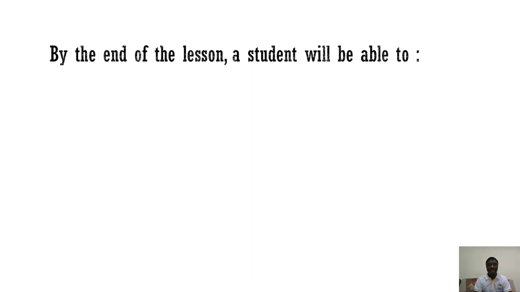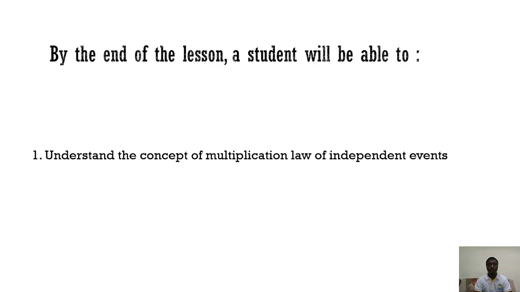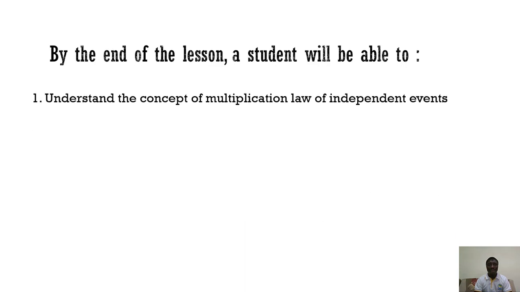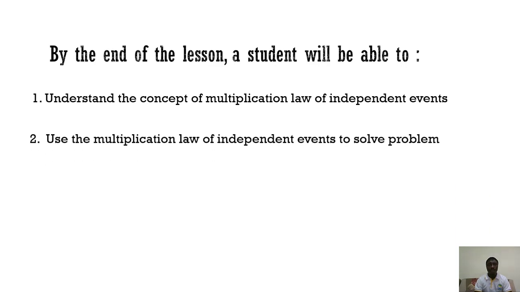By the end of the lesson, a student will be able to: 1. Understand the concept of multiplication law of independent events. 2. Use the multiplication law of independent events to solve problems.